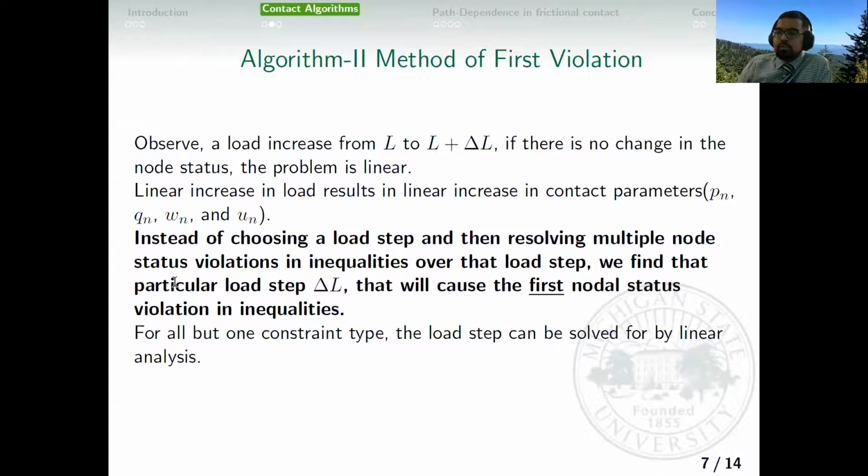So instead of choosing a load step and then resolving multiple node status violation inequalities over that load step, we can find that particular load step that will cause the first nodal status violation in inequalities. So for that one constraint type, the load step can be solved by a linear analysis.